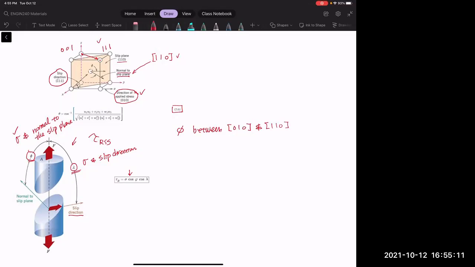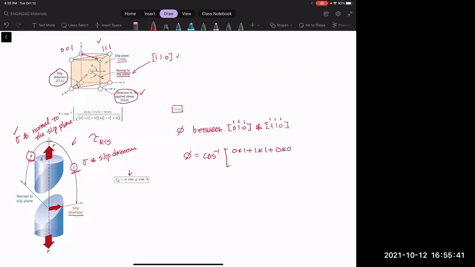You just treat this one as U1, V1, W1, then U2, V2, W2. So put everything in the equation. This is equal to arccosine of 0 times 1, plus 1 times 1, plus 0 times 0.